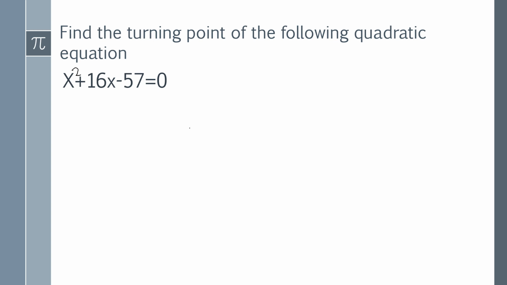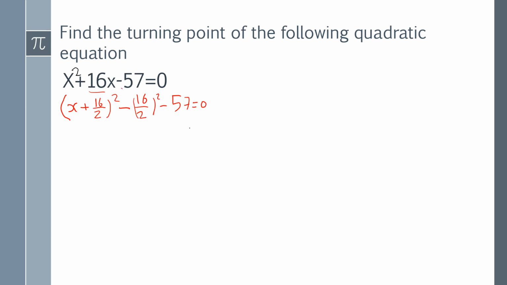So over here the question says to find the turning point of the following quadratic equation. So we have the equation x squared plus 16x minus 57. The first thing that you do is open a bracket, write x plus the coefficient of x, which is 16, divided by 2, close bracket, squared, minus the coefficient of x again, divided by 2, squared, minus 57, equal to 0.